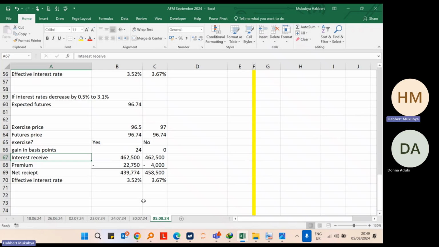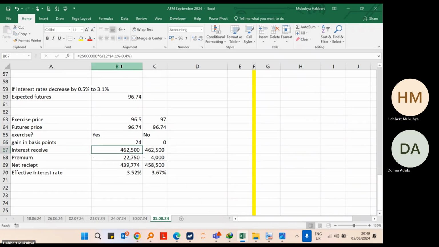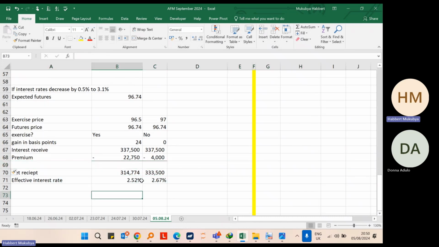Okay, so you find that in basis points, they will put 24, but you can have left it as gain and you just put 0.24. So now, of course, interest received, now this is going to be 3.1. Even here, 3.1. Then the premium is going to be the same. So now we can maybe just add here one more line before we add.